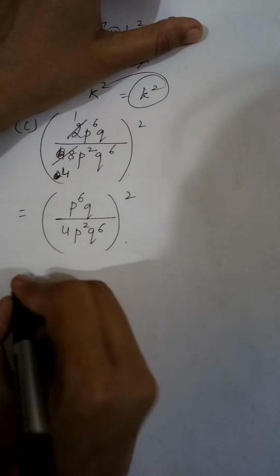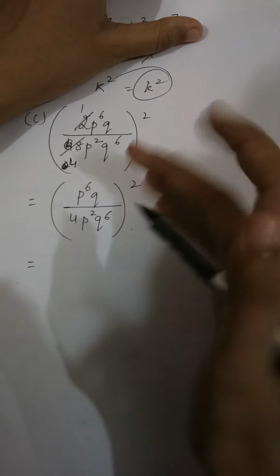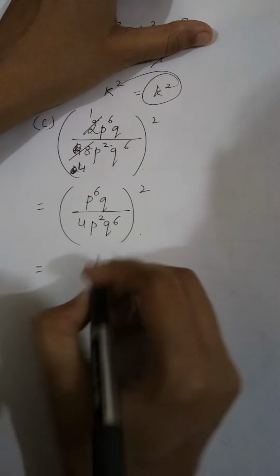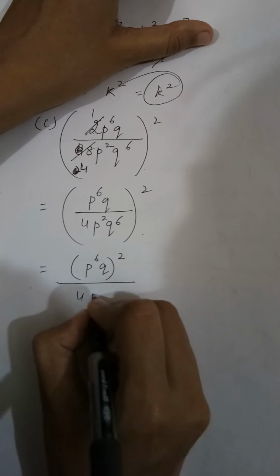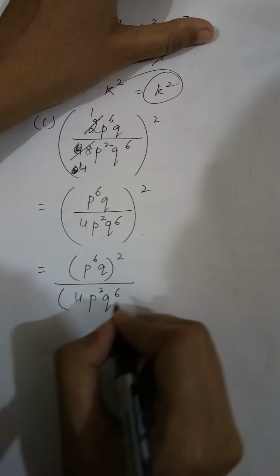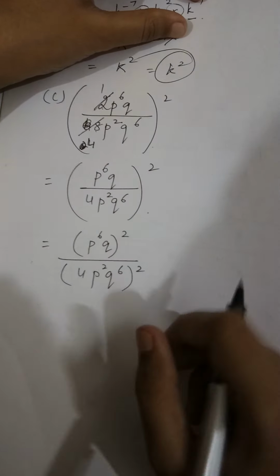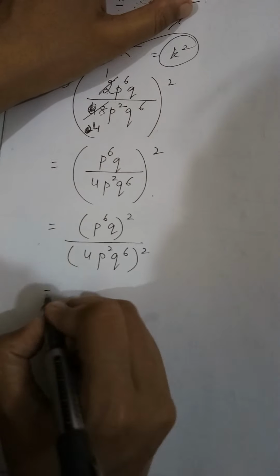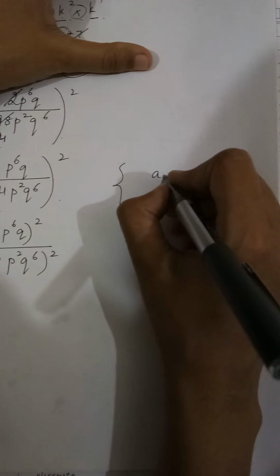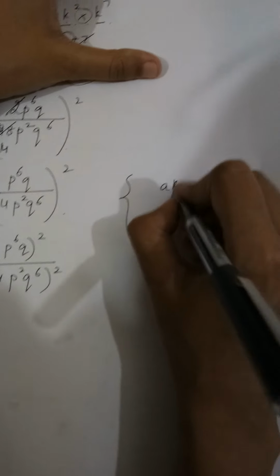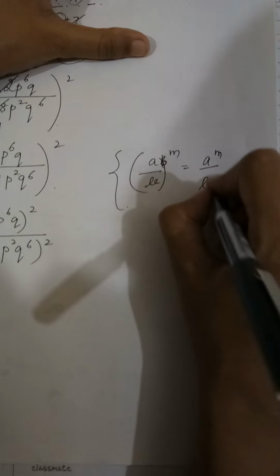Now we have done the law in which, if a combination of powers is given to you, you are going to separate it. P to the power 6 whole square, 4p square q to the power 6 whole square. I have just separated the powers. Because we have done a law in which (a upon b) whole power m will be a to the power m, b to the power m.